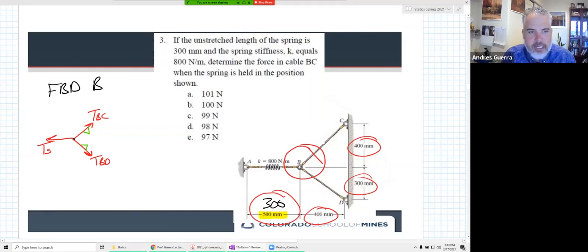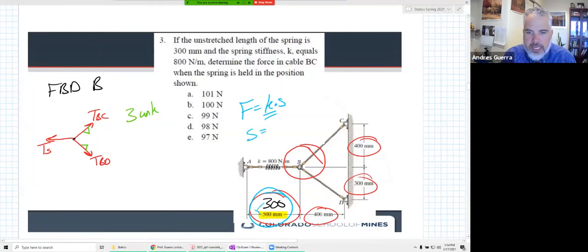But we look at this and we have 3 unknowns right now. And with 3 unknowns, our 2 equations aren't going to do anything. So we need to think about, okay, how can we incorporate the spring? Well, Hooke's law says that F is equal to K times S. And we know K. And actually, if we look at the info they gave us, they really give us S because they give us the stretch length and the unstretched length.